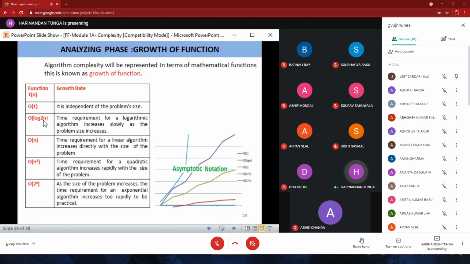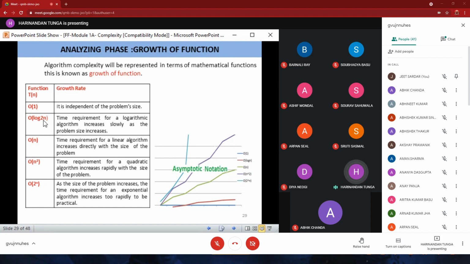Then another growth of function is order of n. If the time complexity is expressed as order of n, the time requirement for a linear algorithm increases directly with the size of the problem.